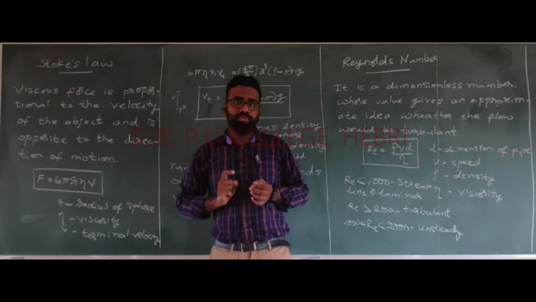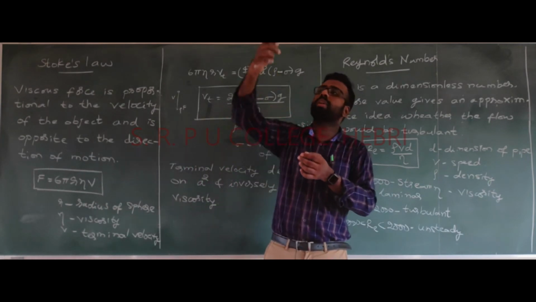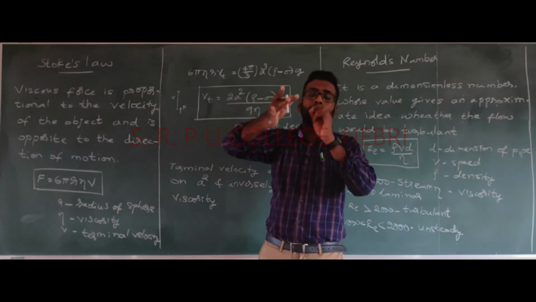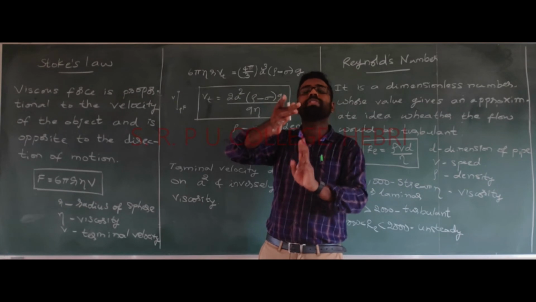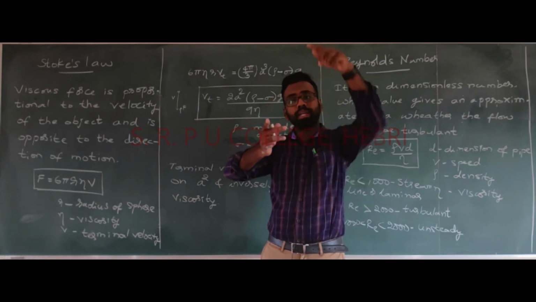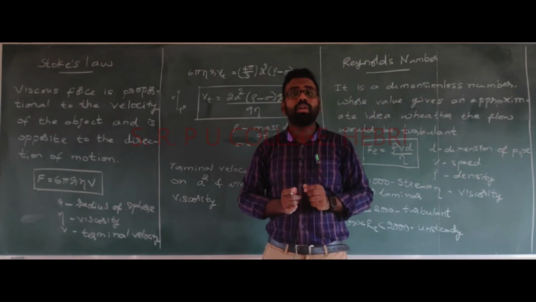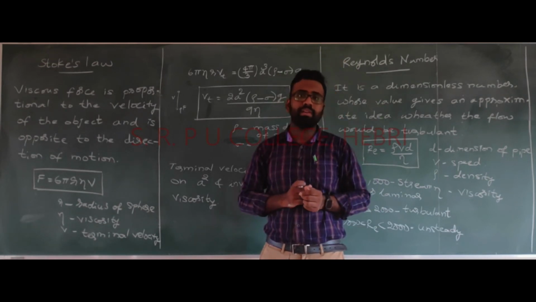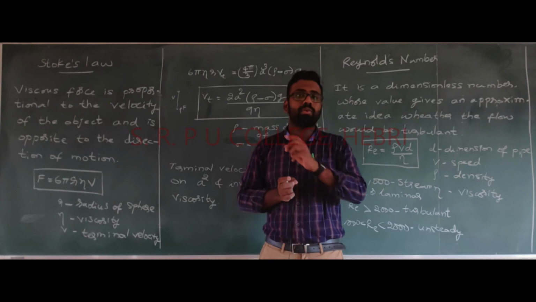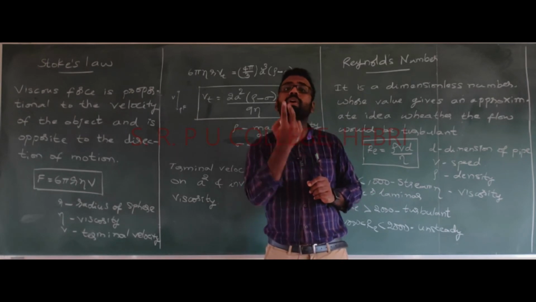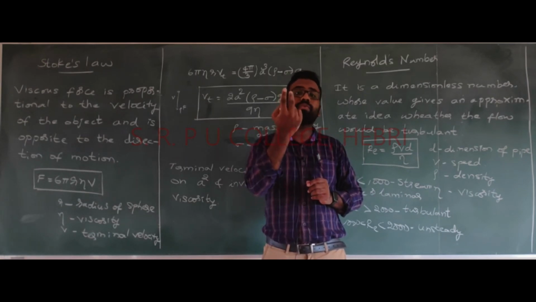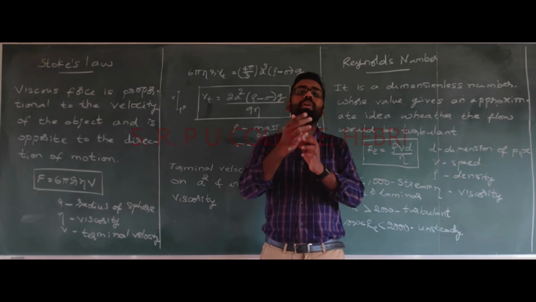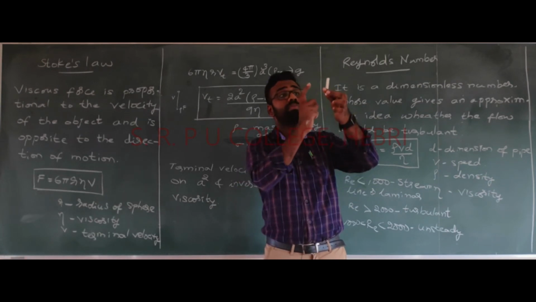Now, here also you can understand that when this object falls, there are two types of forces acting upward and only one type of force acting downward. What is the force acting downward? Obviously gravity. And the two forces acting upward are the viscous force and the buoyant force.